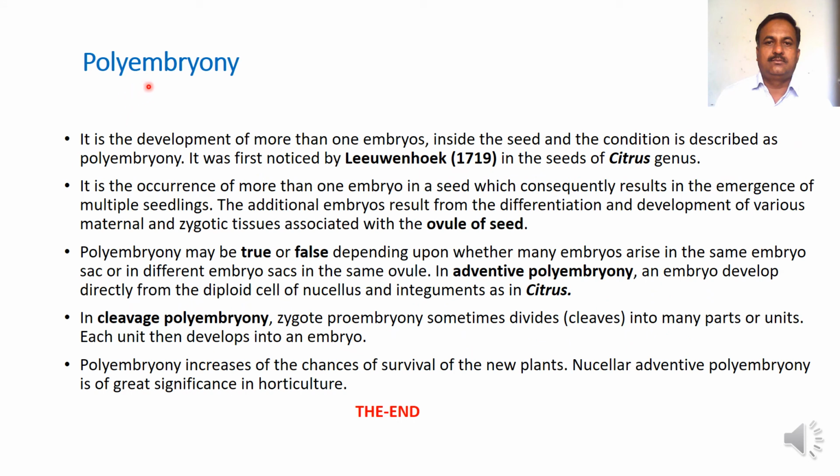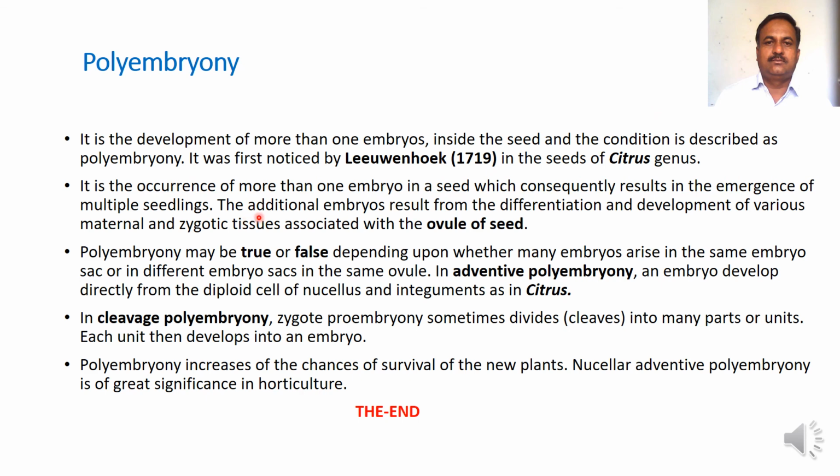Now see about polyembryony. Polyembryony is the development of more than one embryo inside the seed. It was first noticed by Leeuwenhoek in 1719 in the seeds of the Citrus genus.